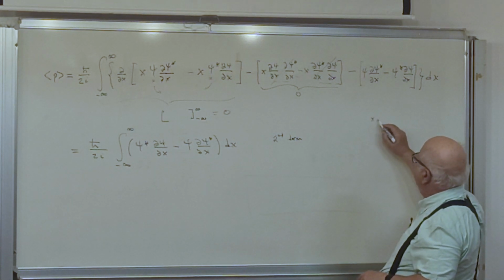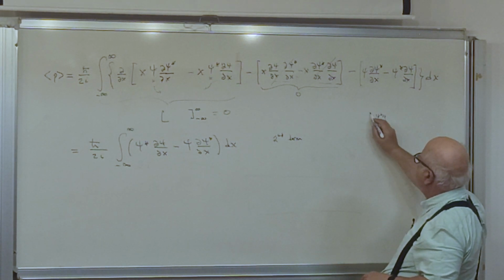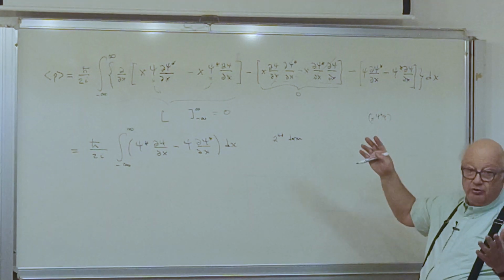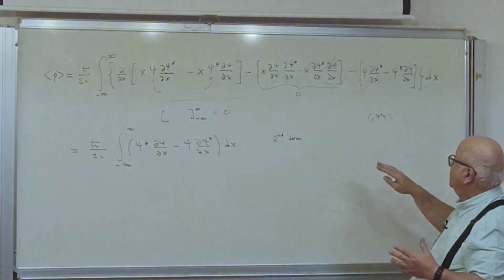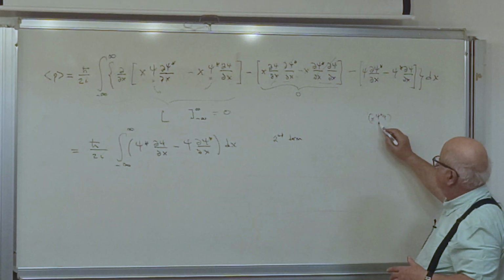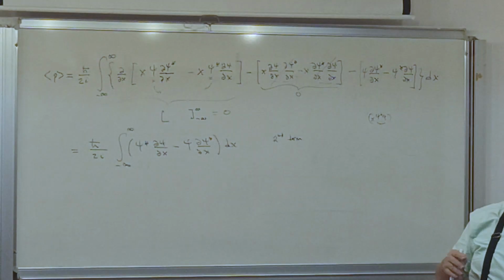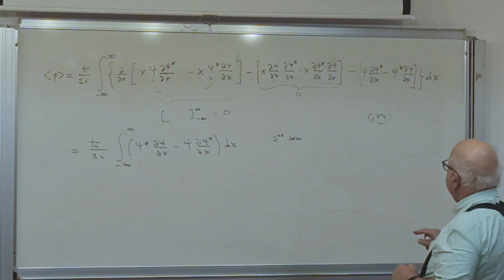So if x times psi star psi, I am interested in what is happening to this as it approaches infinity. Obviously, it could diverge or go to 0, but I have to make sure that psi star psi itself is converging.